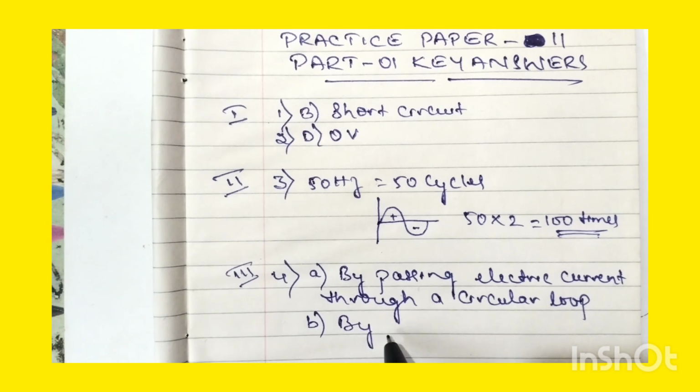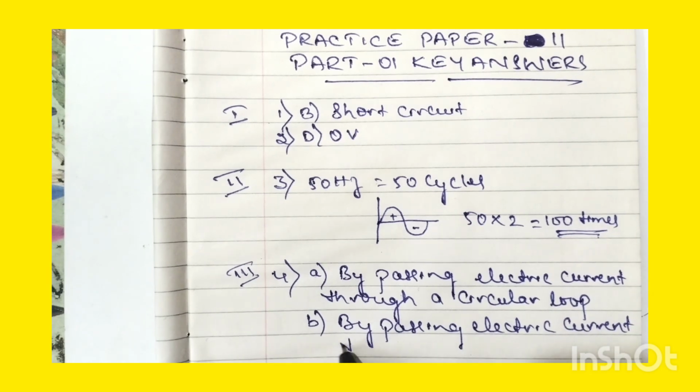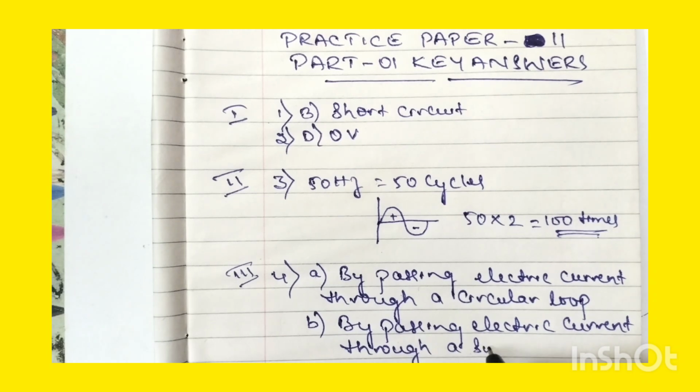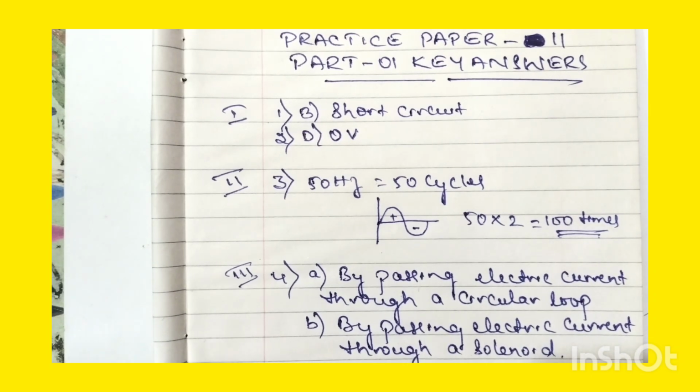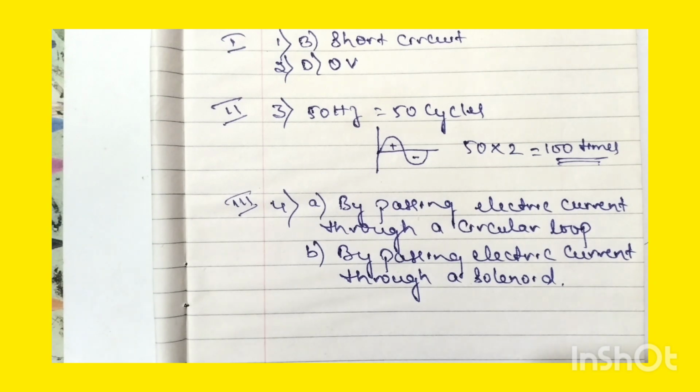Then second one, by passing electric current through a solenoid. So one more method is there, that is by passing the electric current through even a straight conductor also. So like this we have to answer this question.